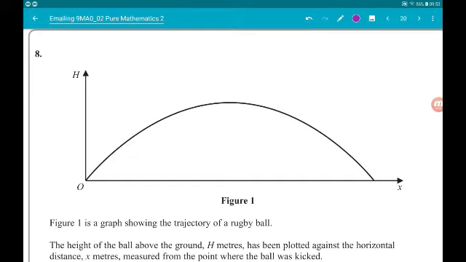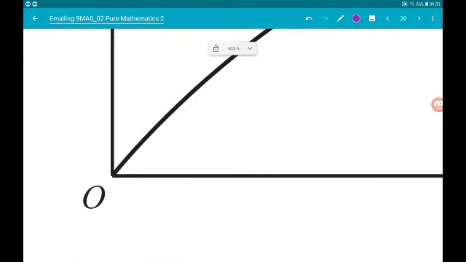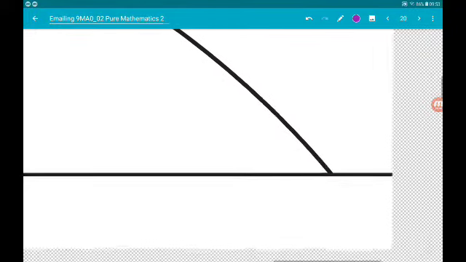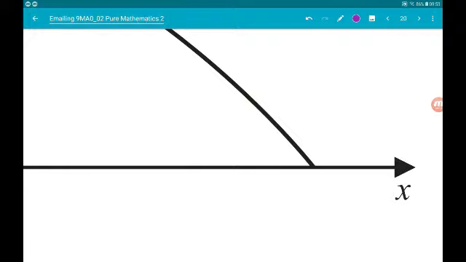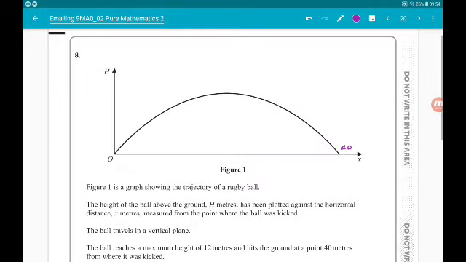Okay, so looking at the graph, we know our x-intercepts are the origin, so 0, 0, and over here at 40. So we know then it's also going to be a negative x squared quadratic because it's an unhappy quadratic.